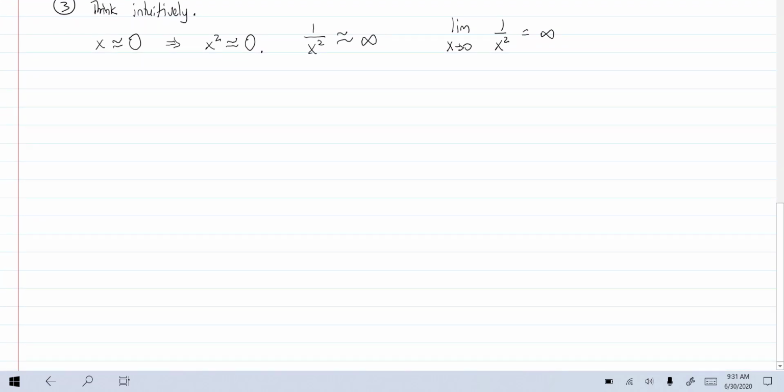Now, you won't always be able to easily visualize the graph of a function, and plugging in values for x can be rather time-consuming, and it won't always be easy to think intuitively about the problem. Hence, we want to develop some techniques for evaluating limits.